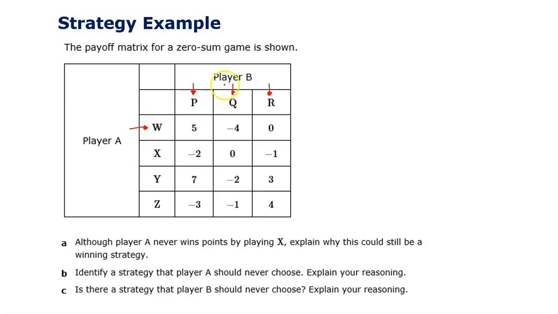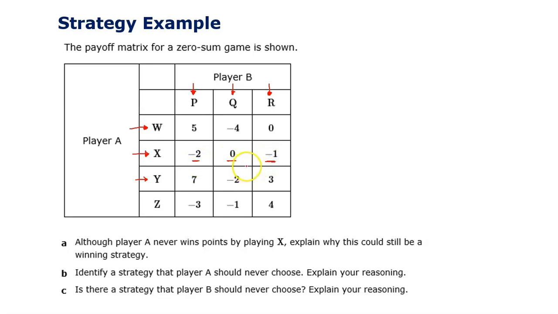If we knew that player B was going to play P, player A would pick this one, because 7 is the highest number. But of course, you don't know what they're going to play. So we're talking about how to maximize your chances of winning. The question says that although player A never wins points by playing X, he either gets -2, 0, or -1.